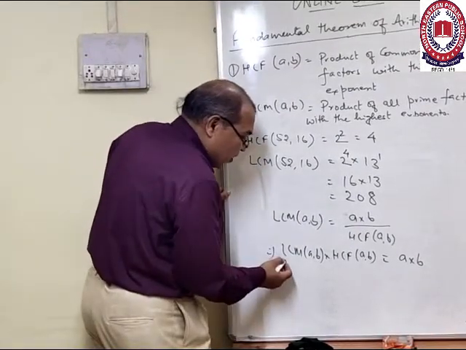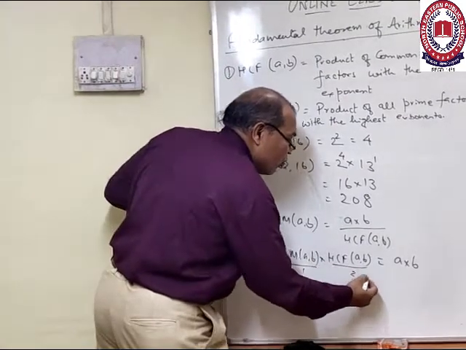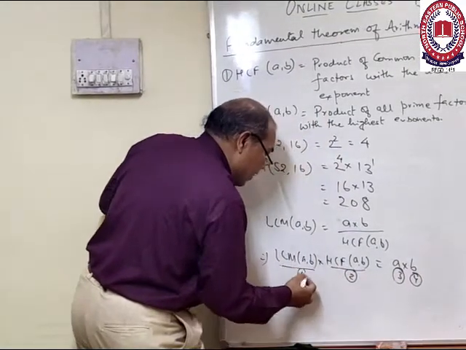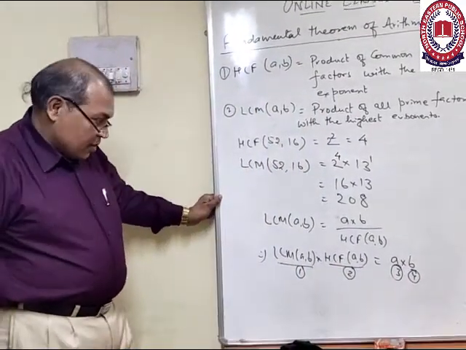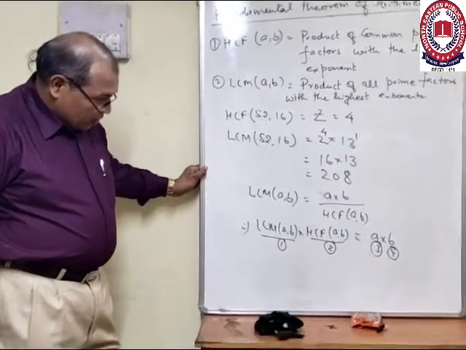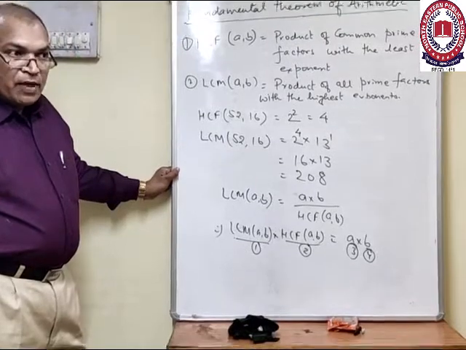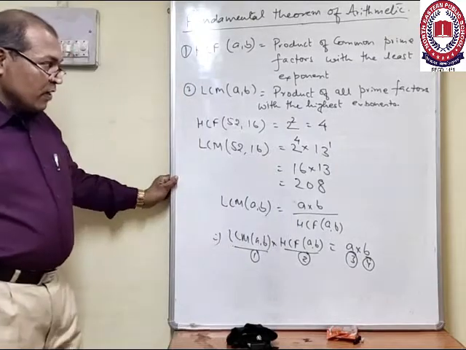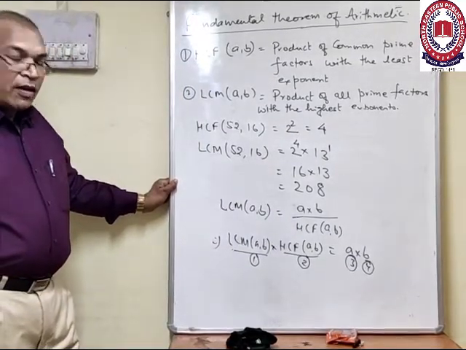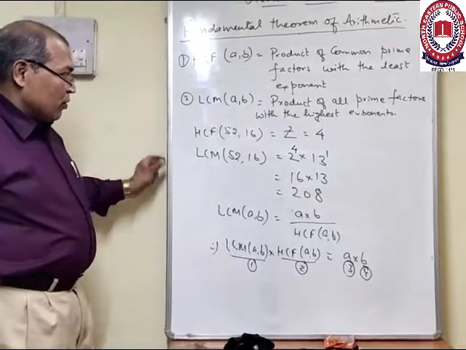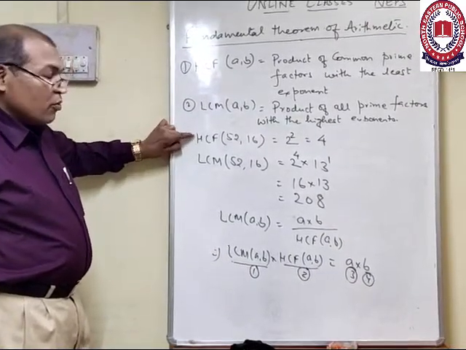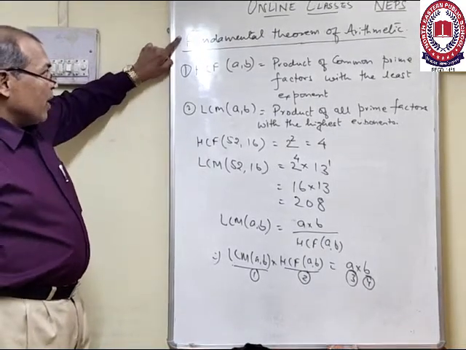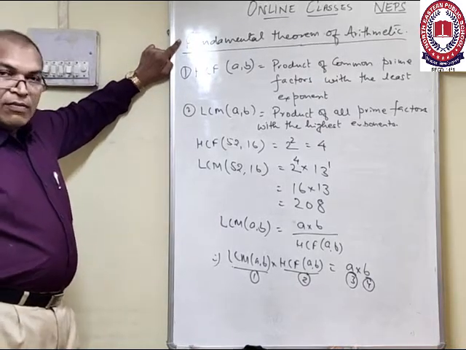Whenever we observe here, we have 4 things: LCM of A, B, HCF of A, B, positive integer A and positive integer B. In case we are given any 3 of these, we can calculate the 4th unknown quantity using this formula. So we have the easiest method to find HCF and LCM of two positive integers by the application of the fundamental theorem of arithmetic.